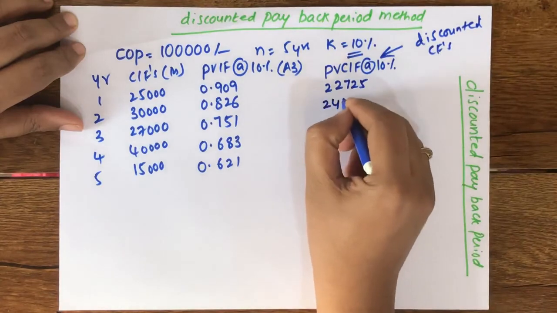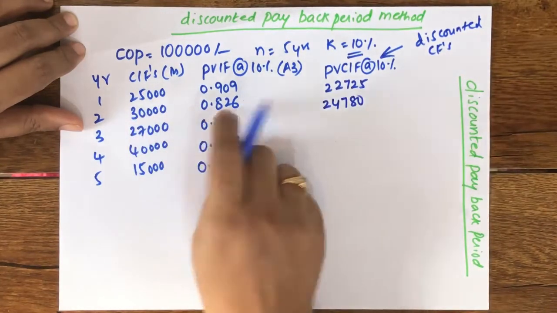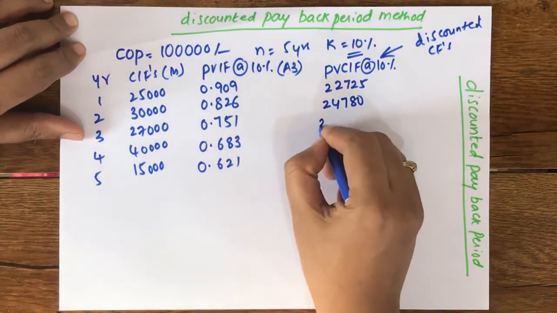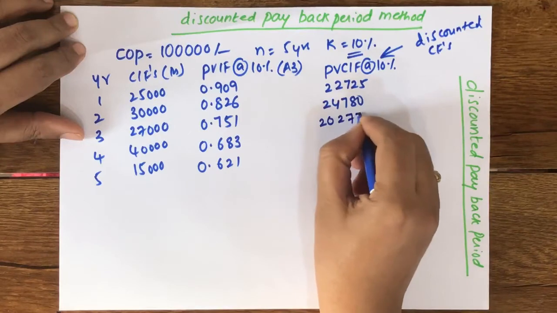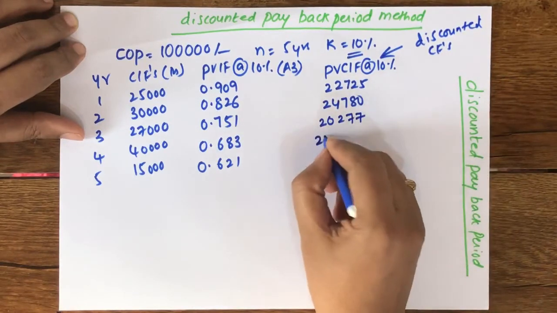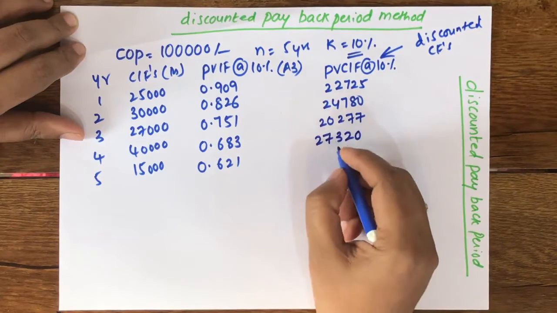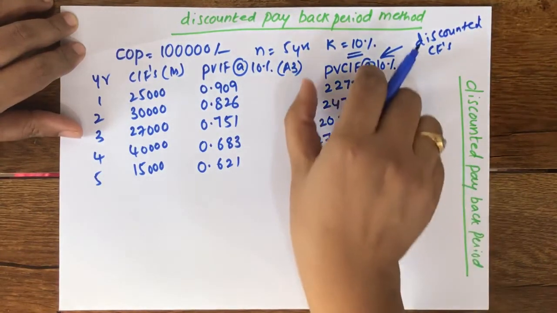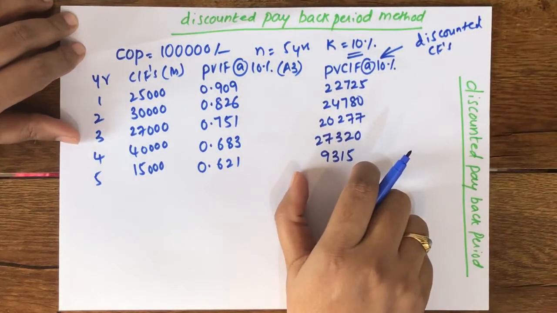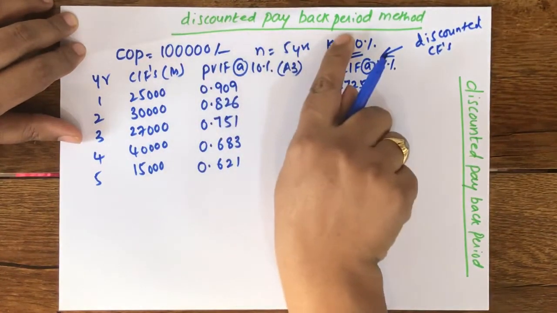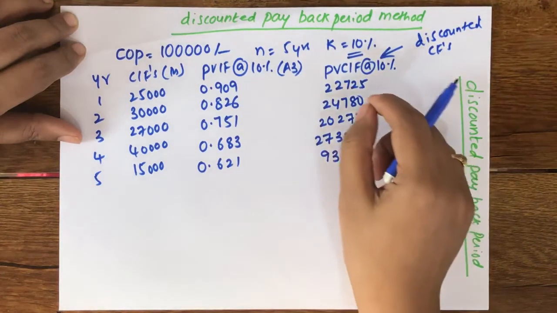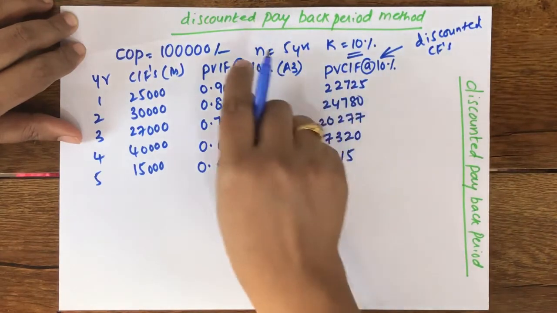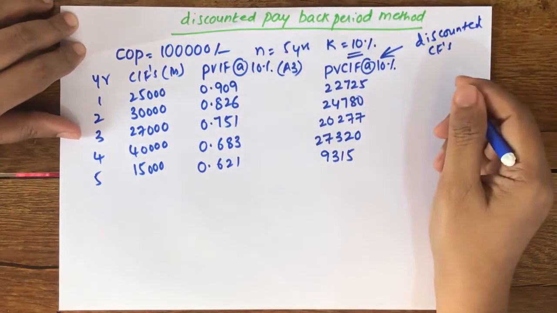Then 30,000 into 0.826 is 24,780. Then 27,000 into 0.751 is 20,277. Then 27,320, and finally 9,315. So these are our discounted cash flows. According to the discounted payback period, you have to use these discounted cash flows in the process of determining the payback period.